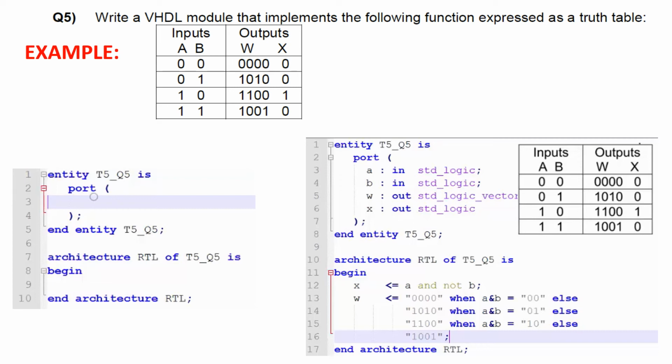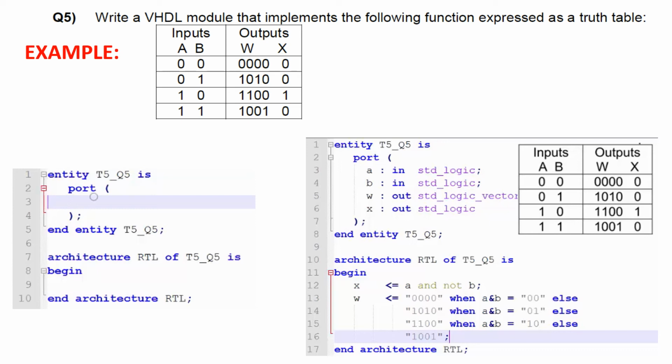So let's come here. This is basically your expected VHDL code. Here you have A and B as the inputs. You write A: in std_logic, B: in std_logic, and W and X are your outputs. But if you look here, W is not a single bit, it's a vector.